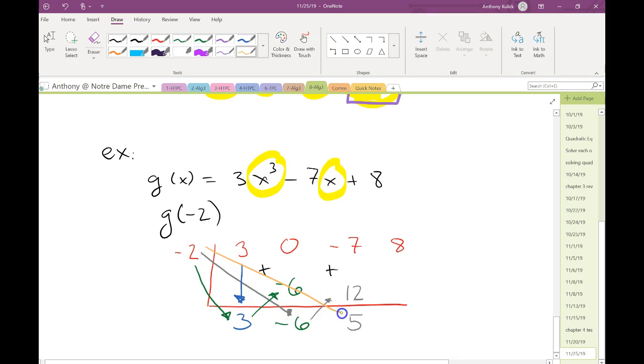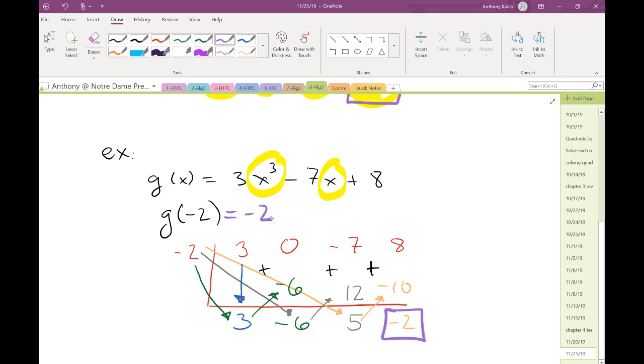And then negative 2 times 5 is negative 10. And when I add down, I get negative 2. And that's what I'm interested in. So, somewhat surprisingly, g of negative 2 is negative 2.